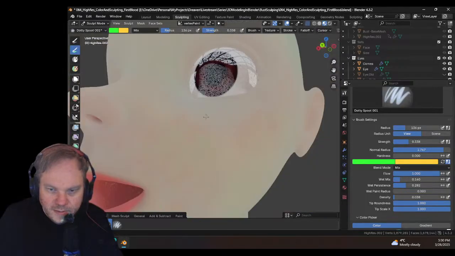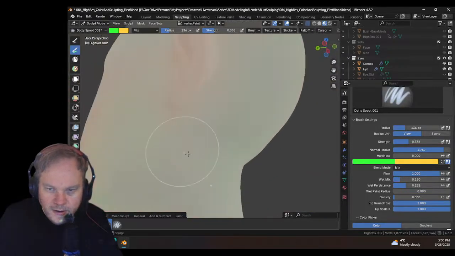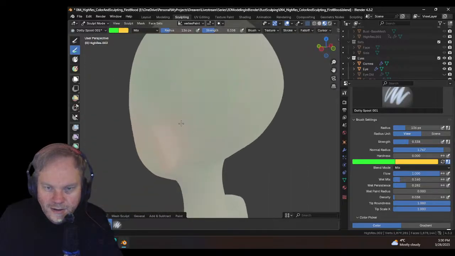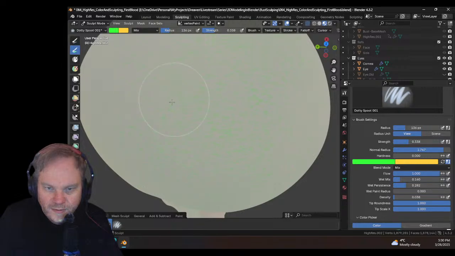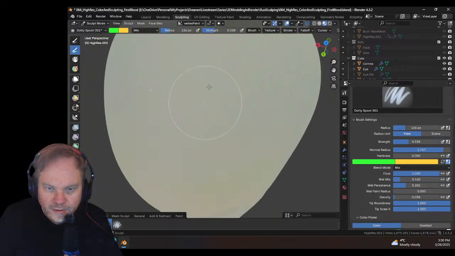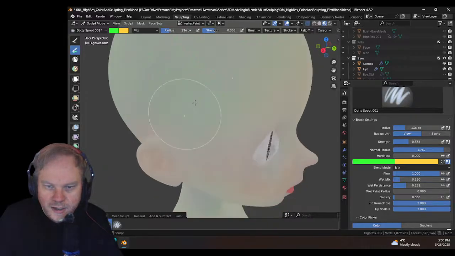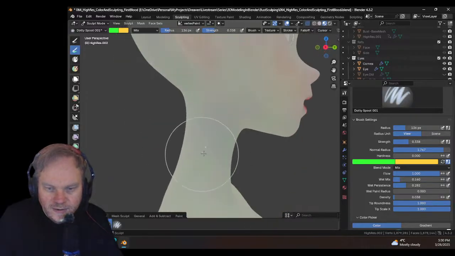If you want to skip it, come back tomorrow. You can skip it if you are doing a stylized character and you have the skin you want for it.